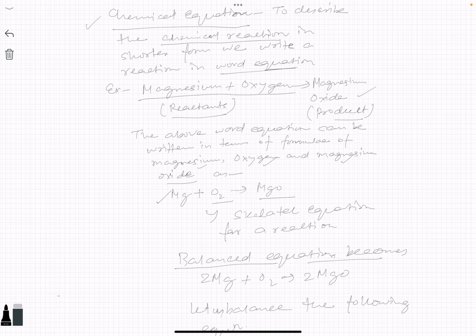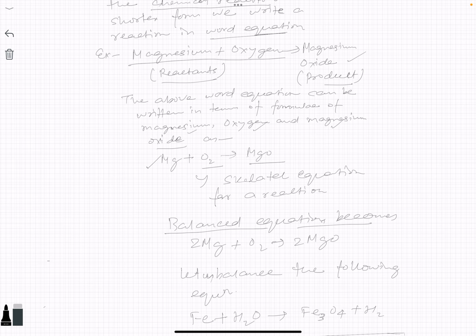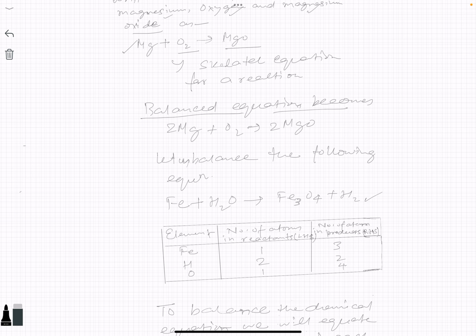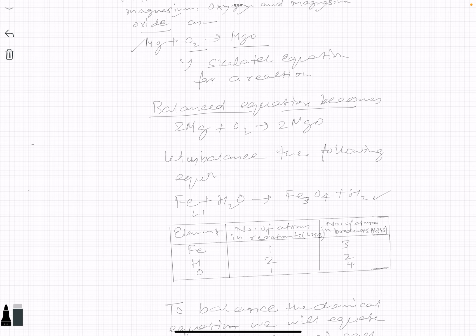Now, how can we balance the equation? Let us balance the following equation: Fe plus H2O gives Fe3O4 plus H2. First, we will count the number of atoms of each element on either side. This is LHS and this is RHS. For example, take the element iron. The number of atoms on the reactant side is only 1 and on the product side it is 3.